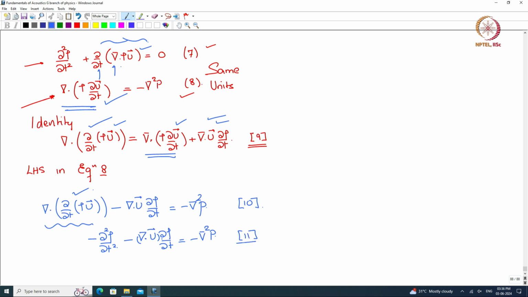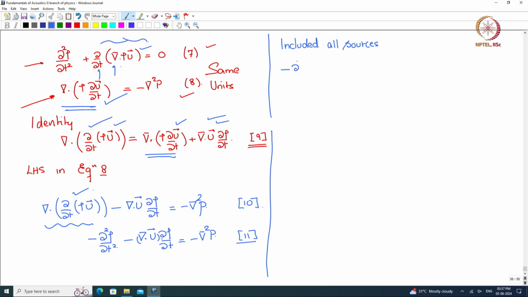Now one thing I would like to do is that we dropped all sources. If I had included all the sources, the dipole type and monopole type sources, that equation would look like this.